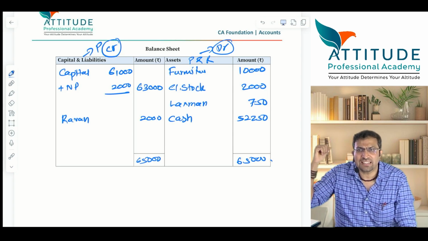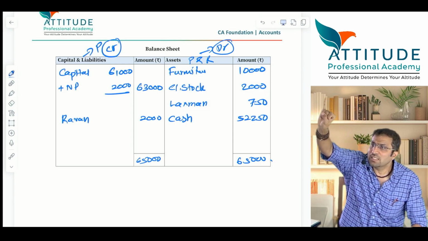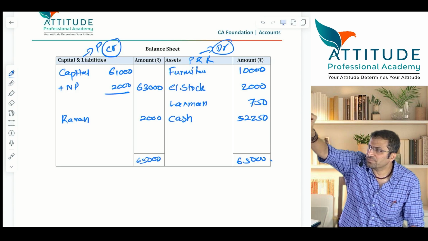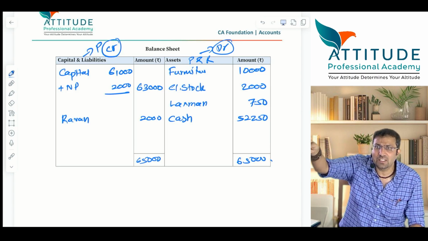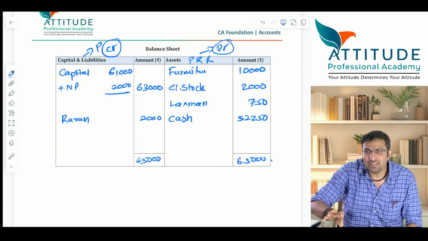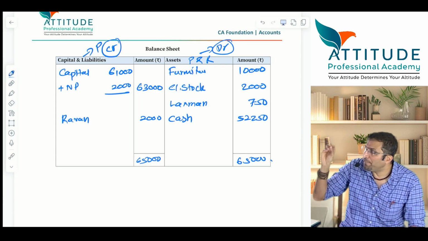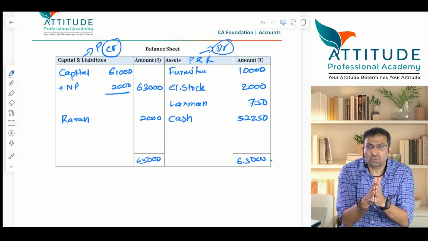Understood the accounting process? So tell me the process once again. Fast. Pass the journal entries. Second, prepare the ledger accounts. Ledger accounts have 2 steps: ledger posting and ledger balancing. After ledger balancing, prepare the trial balance. Pick up the opening stock account, which has to get closed. And one more thing.